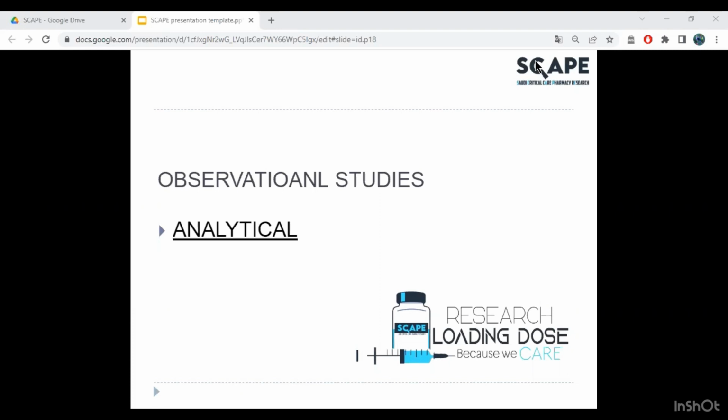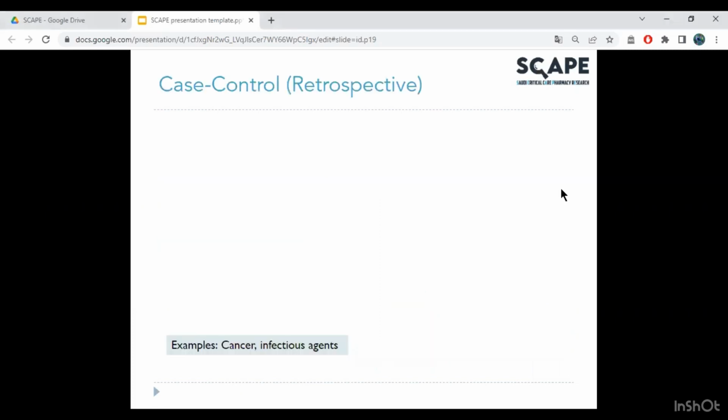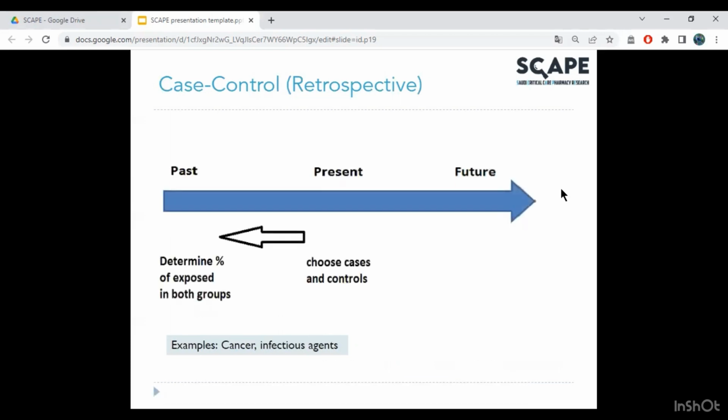Let's complete our presentation, and we will now explain the observational studies, the analytical part, which include comparison of two groups or more. The analytical observational study can be a case control, which we call retrospective, because it depends on past events.